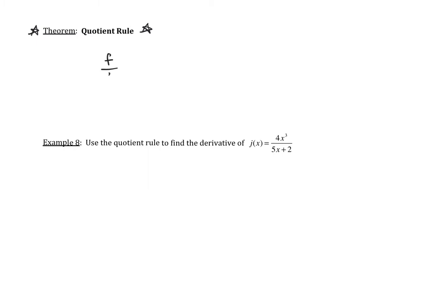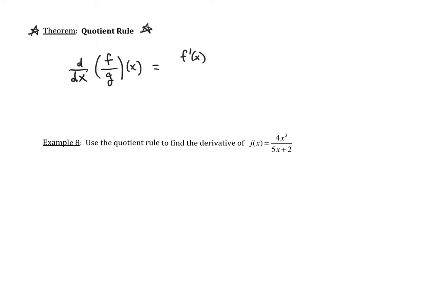A quotient of two functions basically means we're dividing two functions, and we want to take the derivative of it. So let me put the differentiation operator out in front like this. And the quotient rule works like this. We're going to take the derivative of the first function, the top function, so that'll be f prime of x.